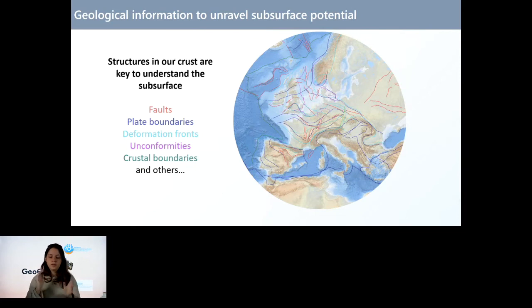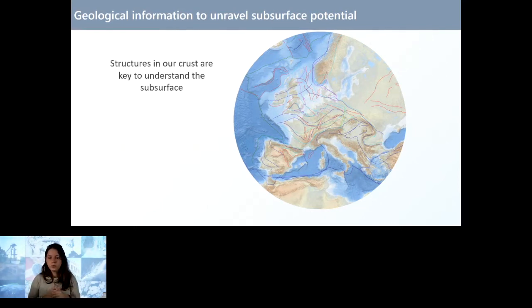And in the image, you can see different types of structures represented by lines in different colors. So faults in red, plate boundaries in dark blue, etc., etc. And each of those actually separates specific geological realms and therefore also the resources and the potential of them.